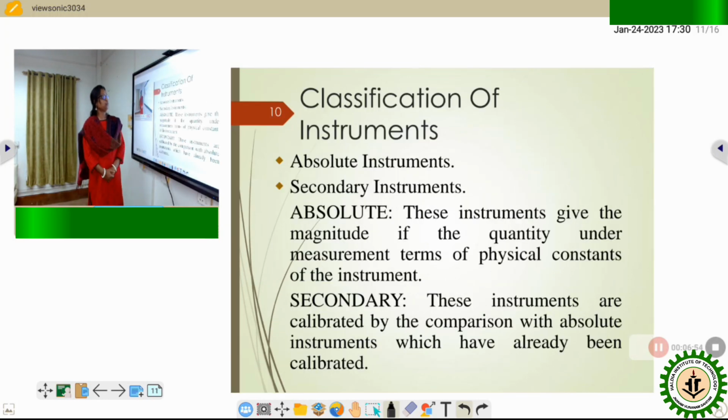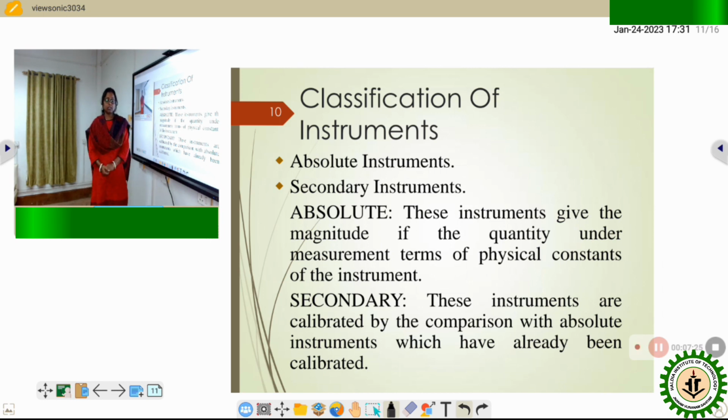Next, we are moving to the classification of instruments. In the classification of instruments, we are generally working with absolute instruments and secondary instruments. Absolute instruments are instruments that give the magnitude of the quantity under measurement in terms of physical constants of the instrument, whereas secondary instruments are calibrated by comparison with absolute instruments which have already been calibrated.